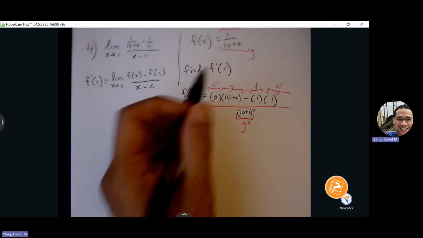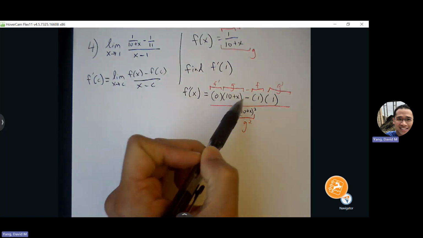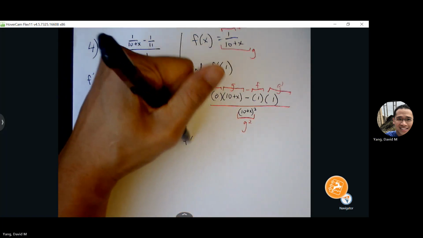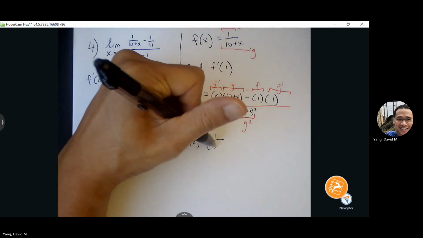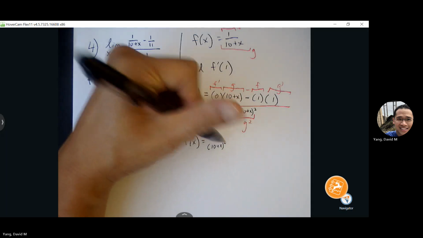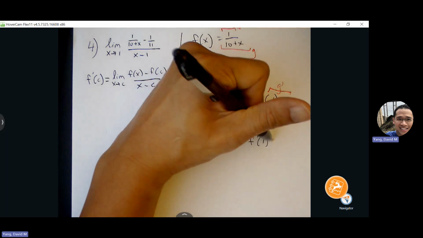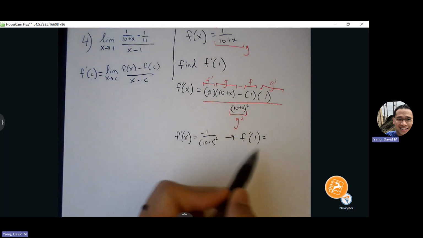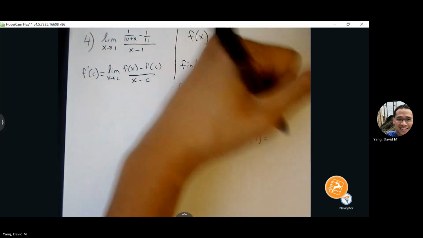Remember, the derivative of a constant is going to be 0. So that's going to wipe this whole thing out. I'm just left with negative 1 over 10 plus x squared. So now I can find f prime of 1. Now that I have my slope formula, I can find the exact steepness at a specific point.